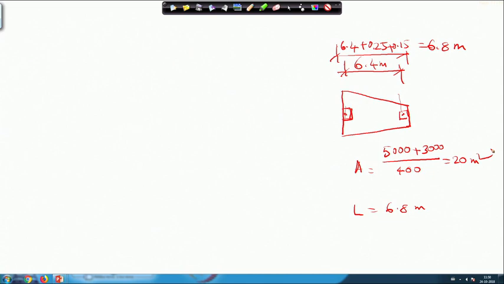That means I will get one equation: 20 will be equal to half of (B1 plus B2) multiplied by L, actually 6.8. So, half (B1 plus B2) into L, that is the area.